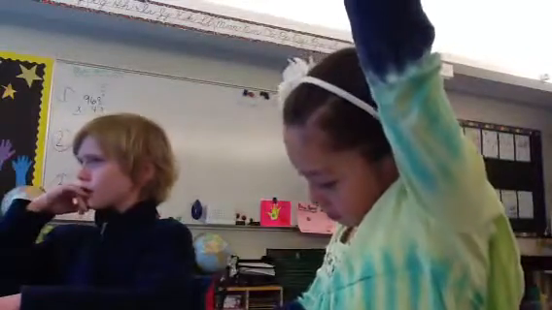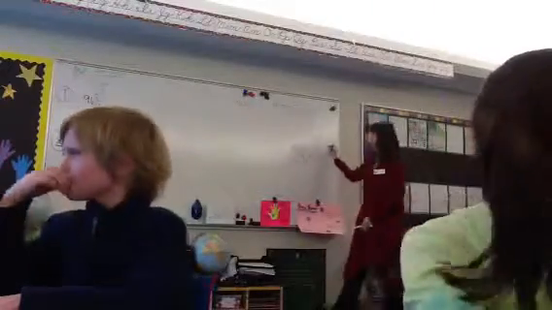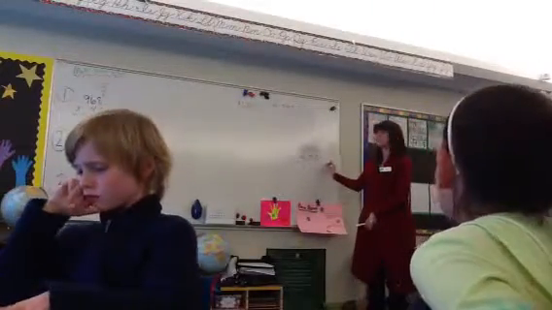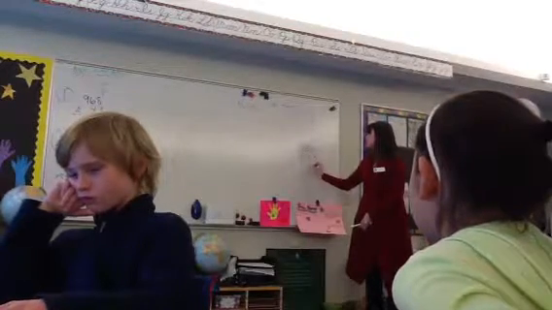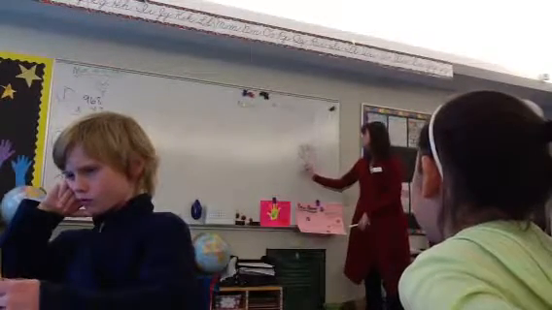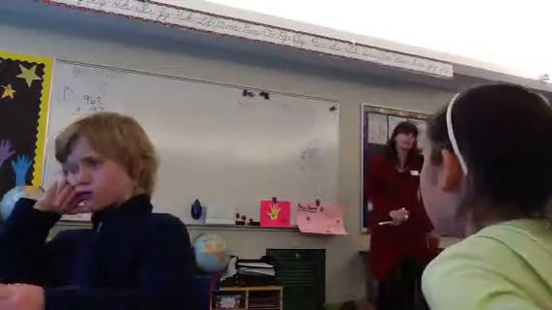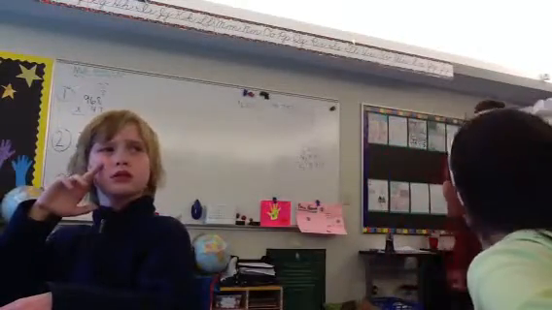What two numbers am I adding? 1,240 plus 4,730. 0 and 0, 0, 4 and 3, 7, 2 and 7, 9, 1 and 4, 5. So altogether, we know they have this much.